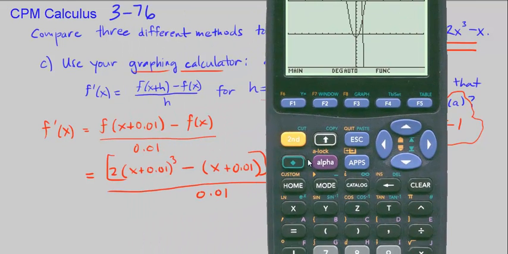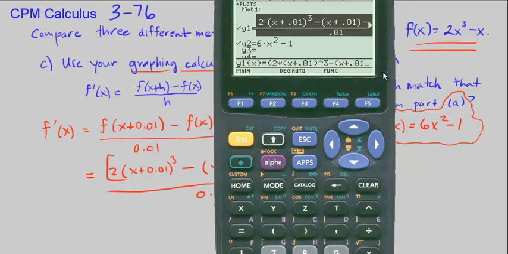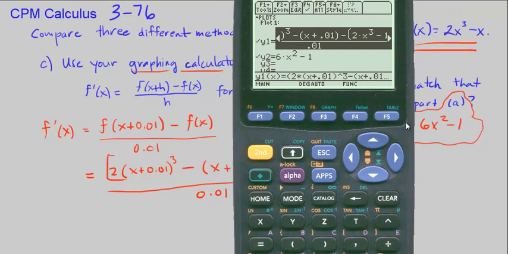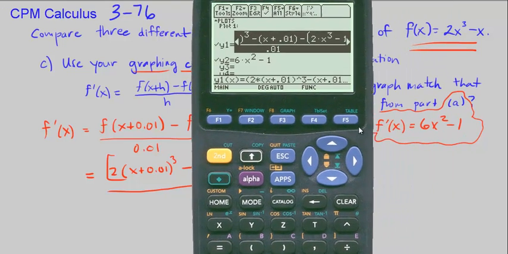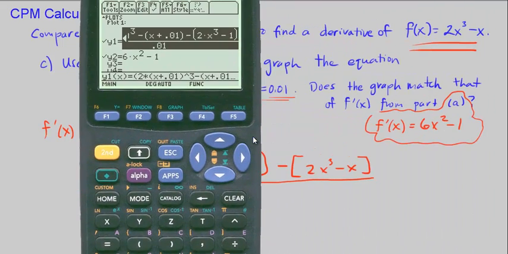Okay, so why am I not getting that? Let me see. Do I have the function defined right? 2x plus 0.01 cubed minus x minus 0.01 minus, right? Okay, yes. Oh, this shouldn't be 1 right here. It should be x. 2x cubed minus x.